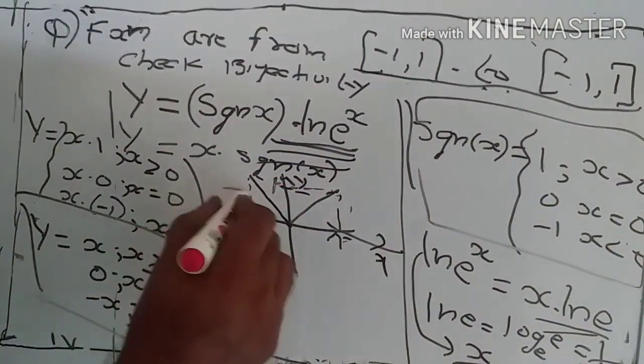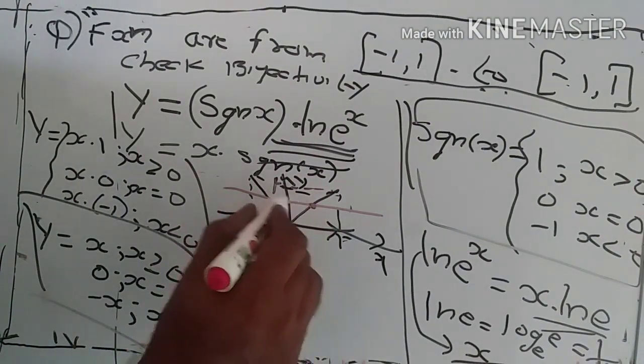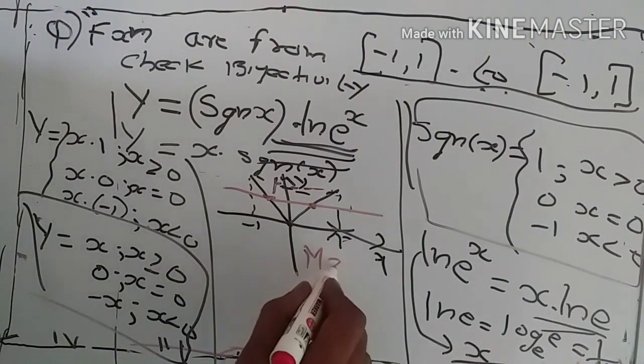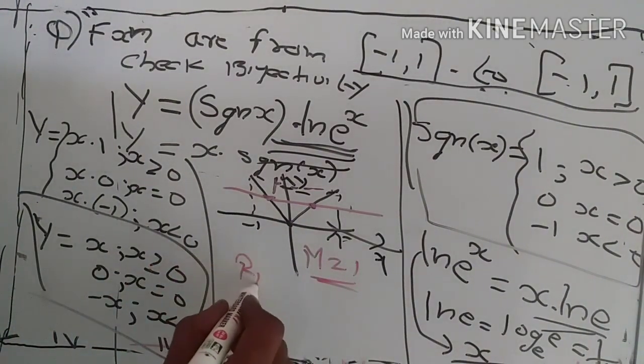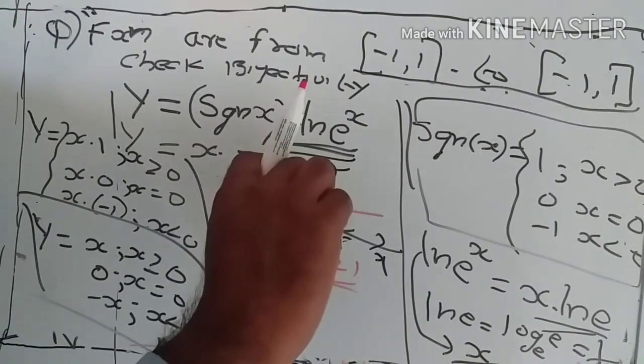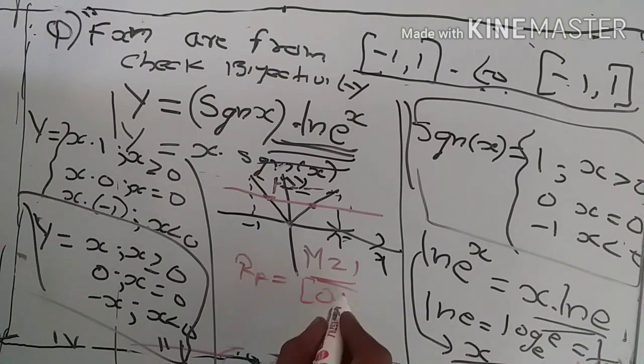So the line parallel to the x-axis cuts at 2 points. The function is many to 1. And the range is equal to this height, that is 0 to 1.